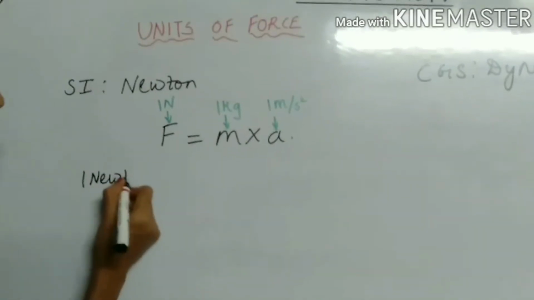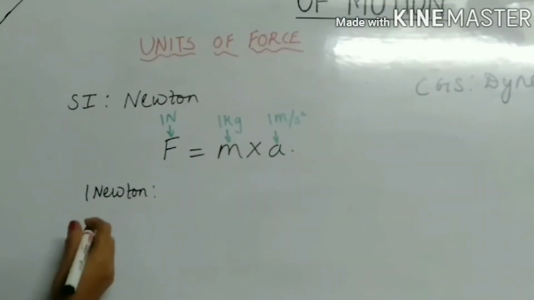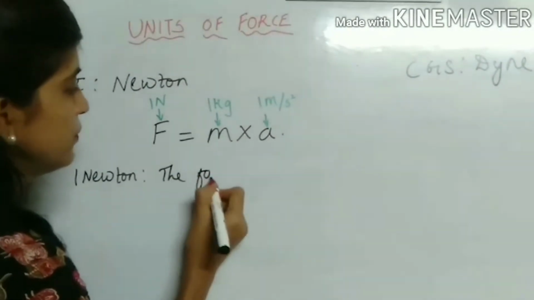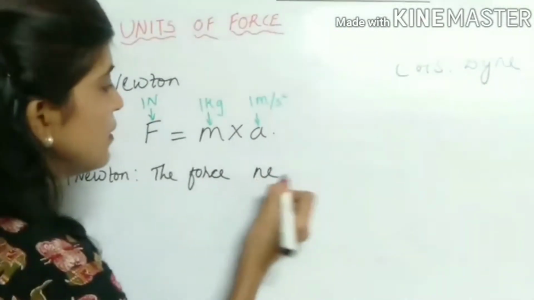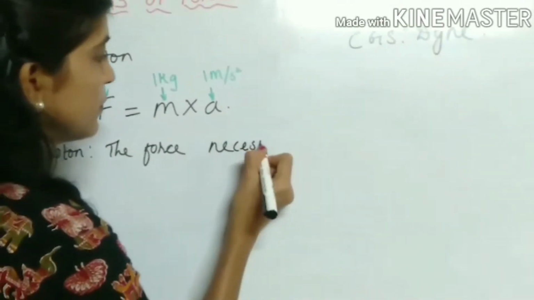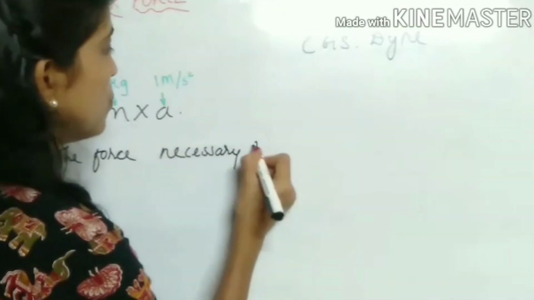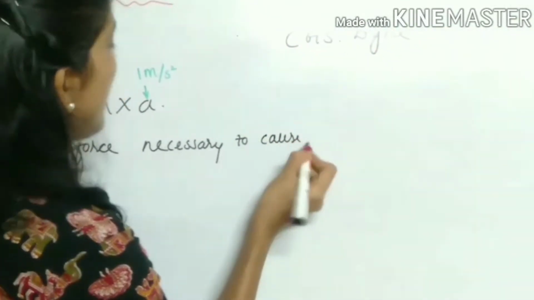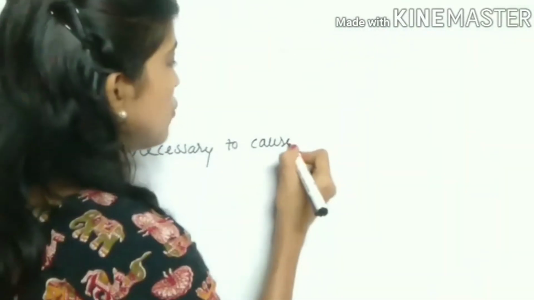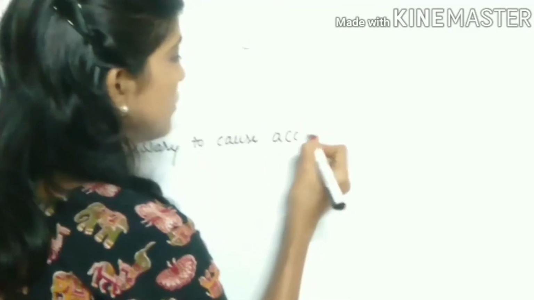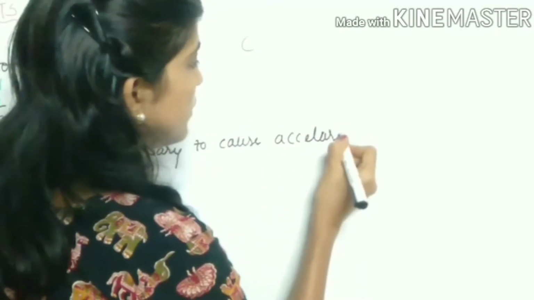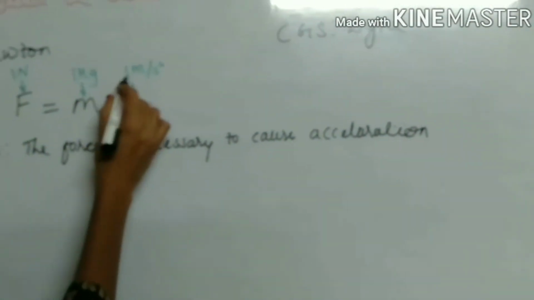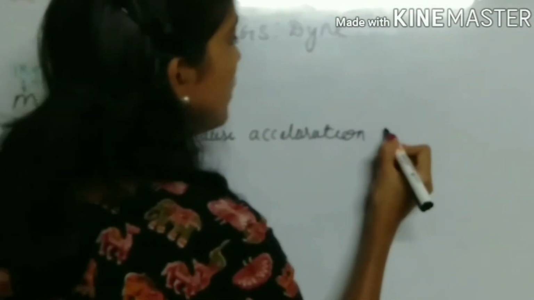1 Newton is defined as the force necessary to cause acceleration. How much acceleration does it cause? 1 meter per second square.